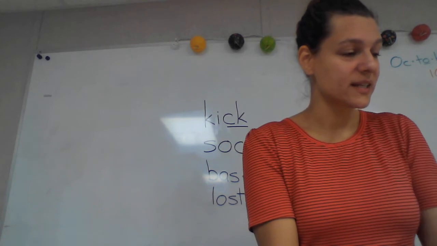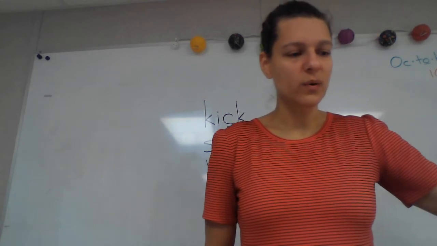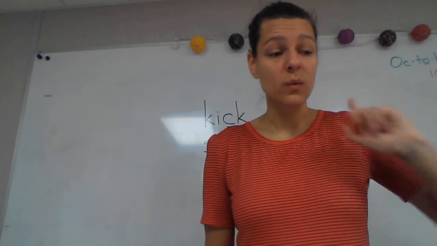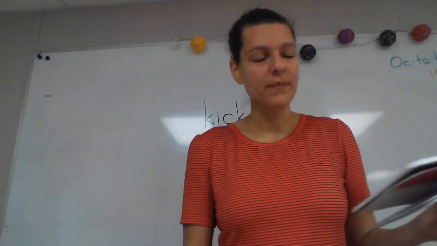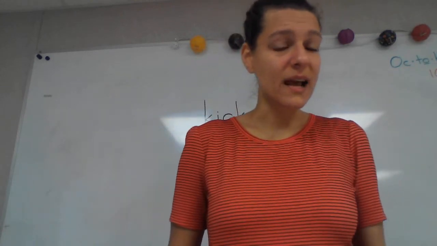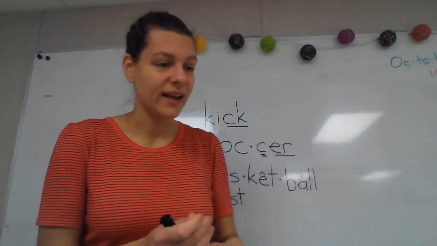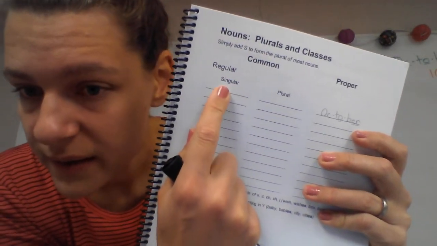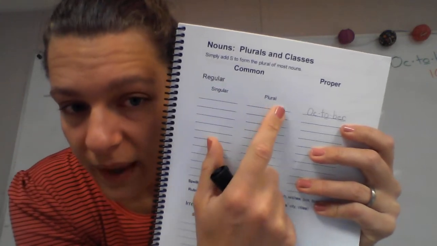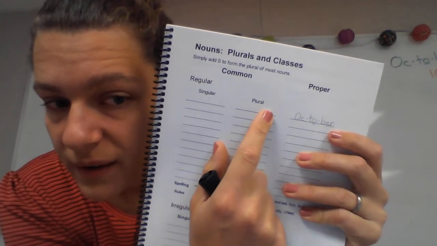All right, so wait a minute, we had rule and we also had rules. So we had our singular and plural. All right, let's go to page 25. And we're going to write rule and rules. We've got our singular column. We're going to write which word goes here. Good, rule. And plural, what are we going to put there?